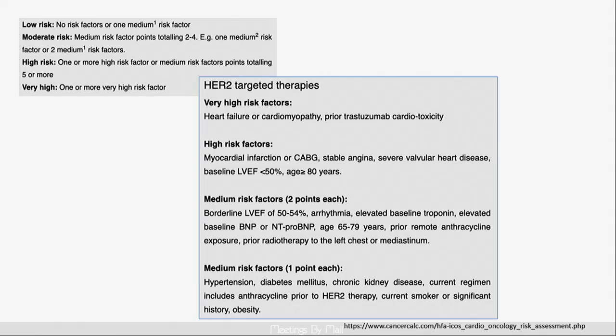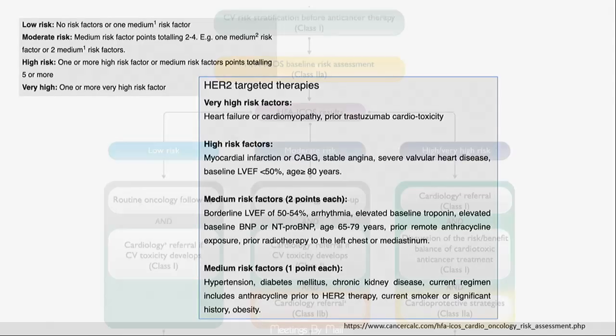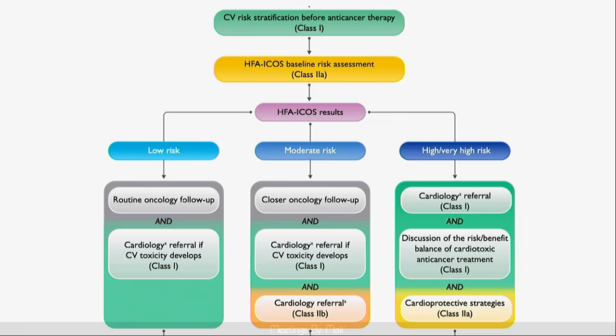And then you have all these other points for medium risk factors with 2 points and medium risk factors with 1 point each. But cumulatively, when you use some of these algorithms that are then incorporated into the guidelines, if you have a low risk person, someone who has one medium risk factor or no risk factors, typically just routine oncology therapy is required, and you don't need to send all of these patients to a cardio-oncologist.